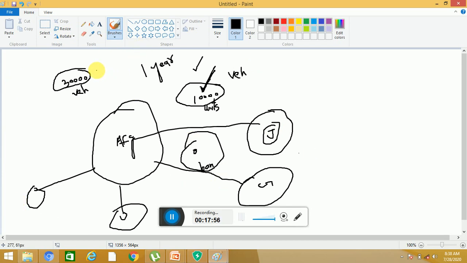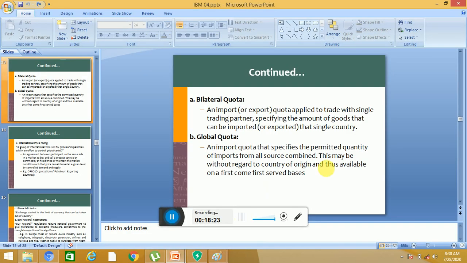This type of quota is called global quota, which is for all countries, not for one country. For Japan, our quota was 10,000, so this was bilateral quota, country to country. And this quota is for the whole world, that only 30,000 vehicles can come to Afghanistan. So this type of quota is called global quota.